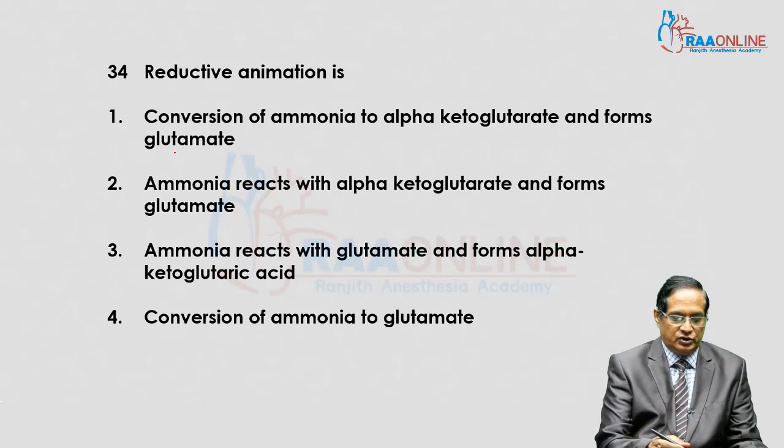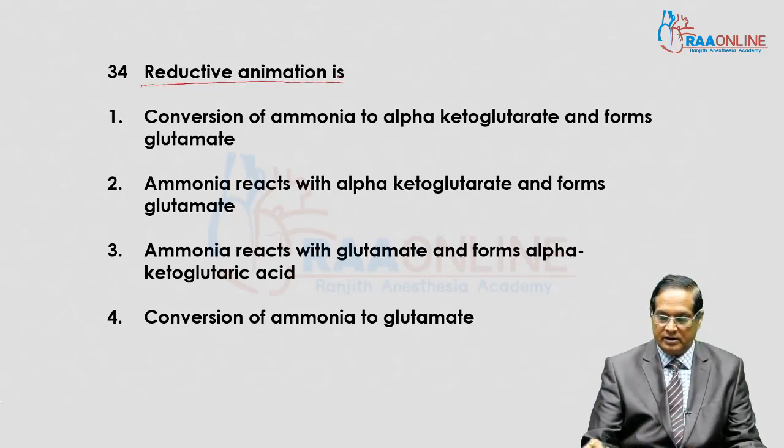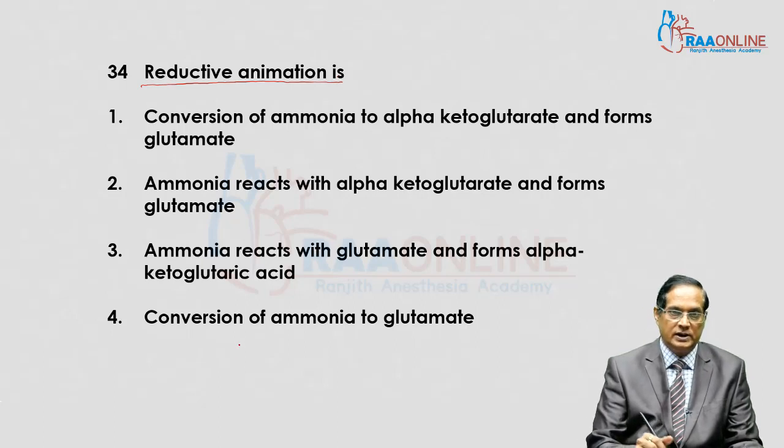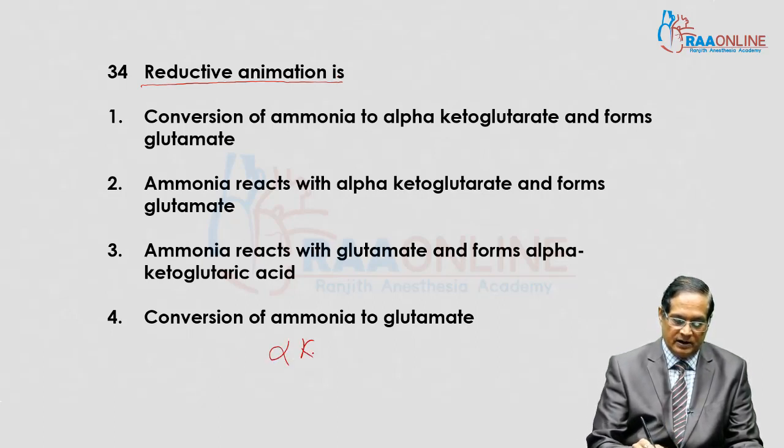Now come to reductive amination. Reductive amination involves alpha ketoglutaric acid, which is already present in the cell, available from respiration.